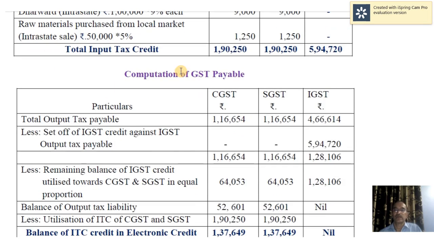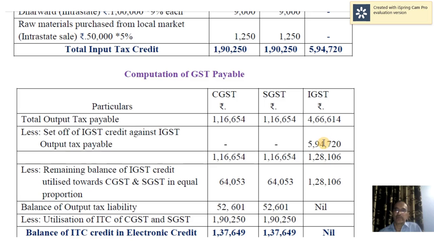Alright, now what you have to do is, first you have to find out whether there is IGST input tax. Yes, there is input tax here, 5,94,720. So first, input tax credit in the case of IGST should be utilized towards the payment of IGST.